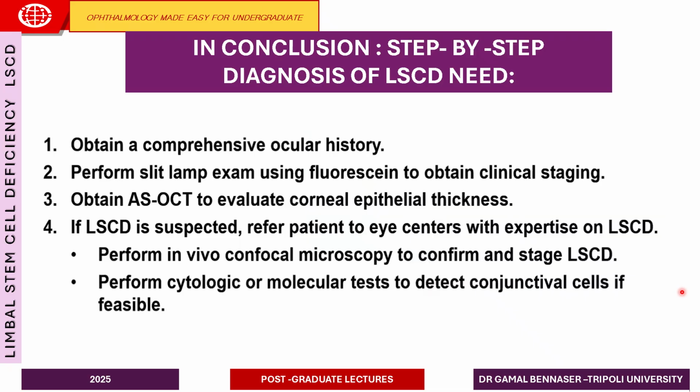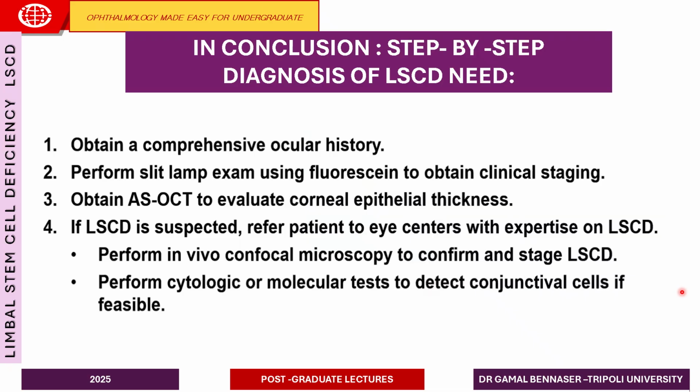Another thing, of course, as I have said, is the use of anterior segment OCT, either the traditional one or the anterior segment OCT angio or the ultra high resolution OCT, scanning for the epithelial thickness, any subepithelial fibrosis, the stromal reflectivity, and the presence or absence of neovascularization.